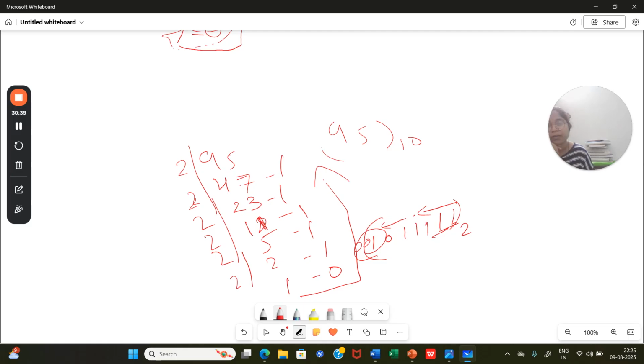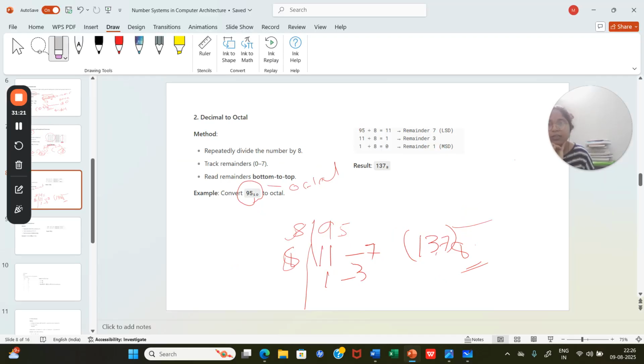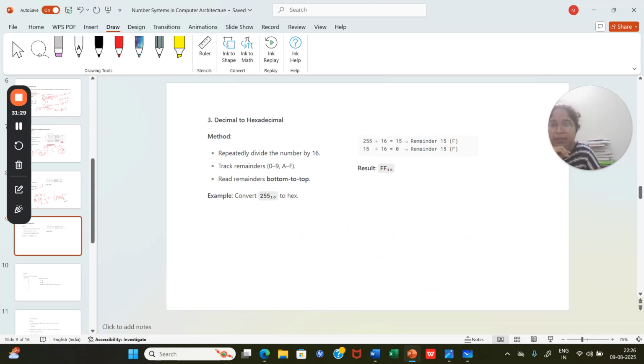The triple one value is 7. So for this one, 137. We got the same answer. Two methods, and you get the same answer using both. Okay, next we'll start with a decimal to hexadecimal conversion.